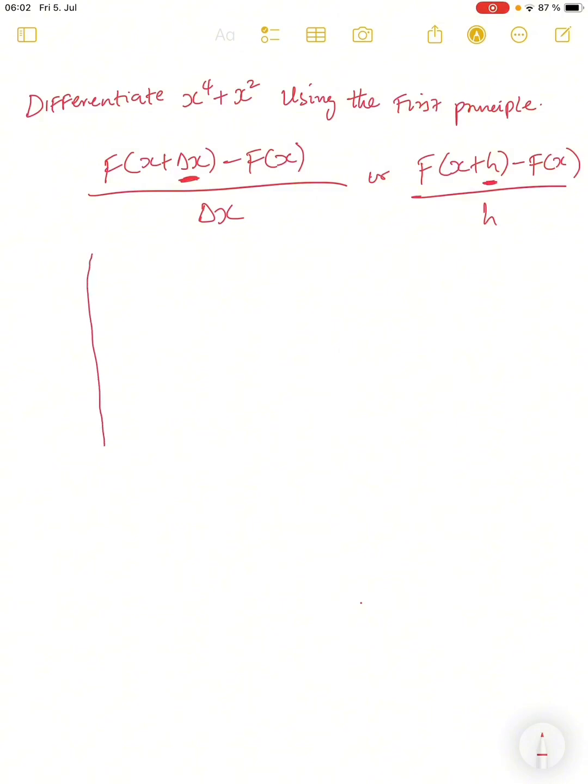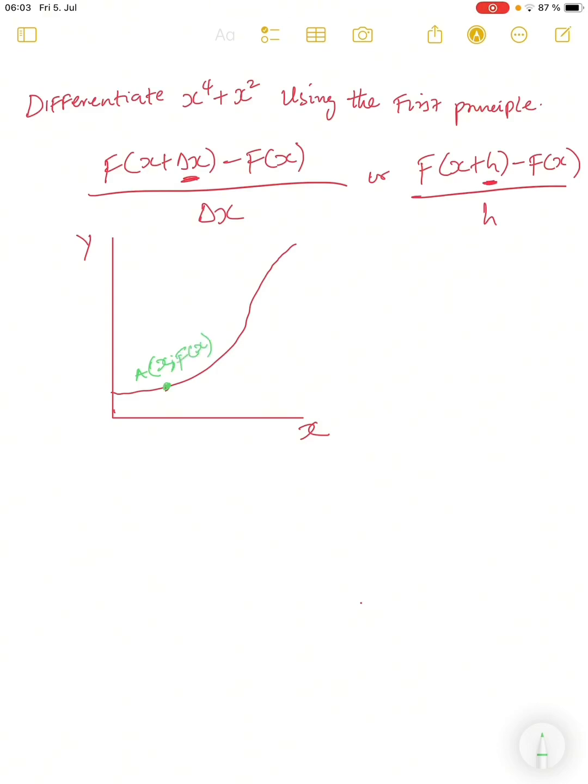So given we have a curve like this, at this point A, which is say x, and we have f of x, where f of x is our y. Remember, our y is f of x.